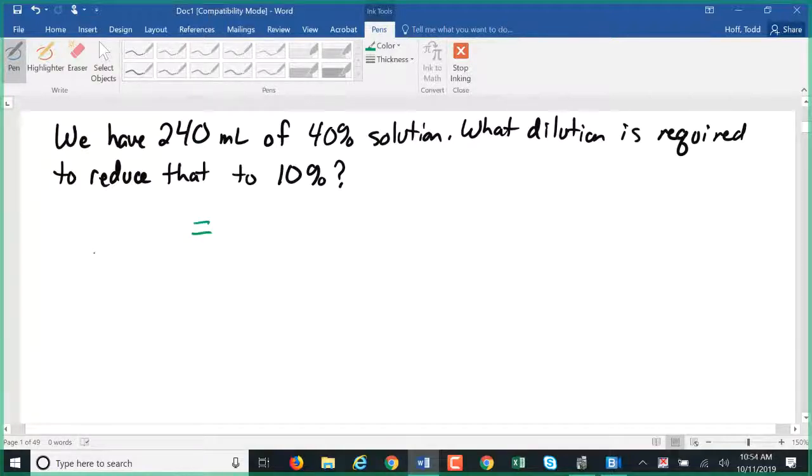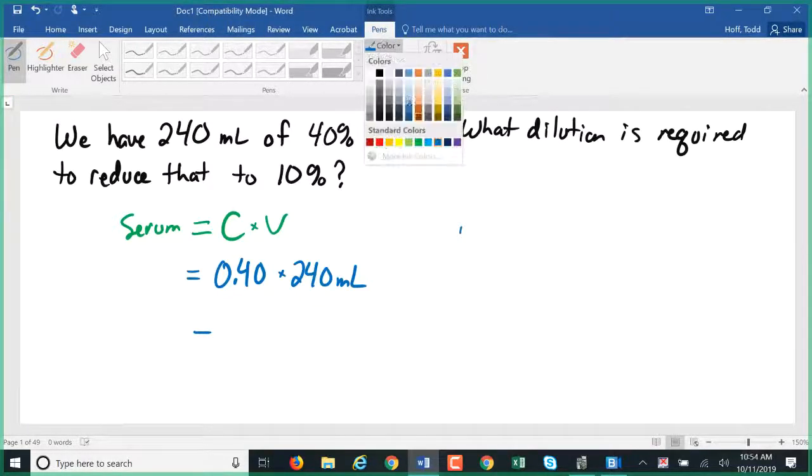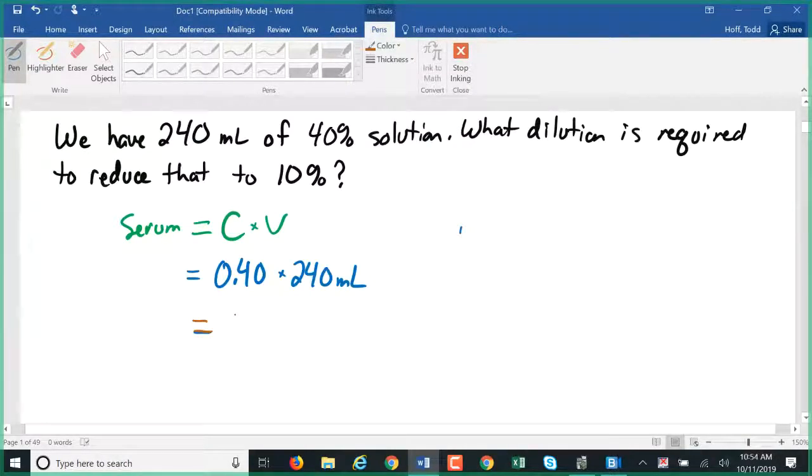So I'm going to find the amount of serum, because the amount of serum is equal to the concentration times the volume. 40% is 0.4 as a decimal, times our volume of 240 milliliters. 0.4 times 240 gives us 96 milliliters. So we currently have 96 milliliters of serum.